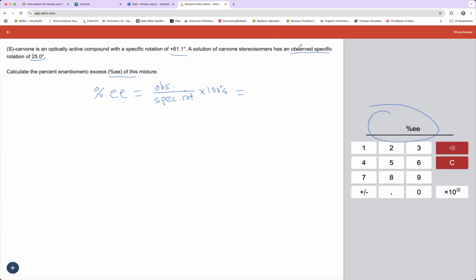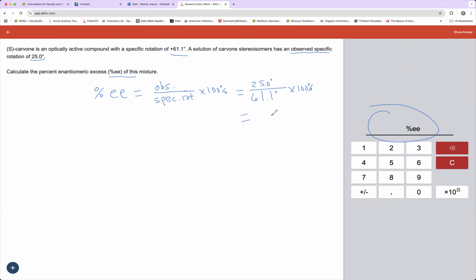That's my numerator, 25.0 degrees. And I'm told that the specific rotation for this compound is a positive 61.1 degrees. Then I just multiply that times 100%.